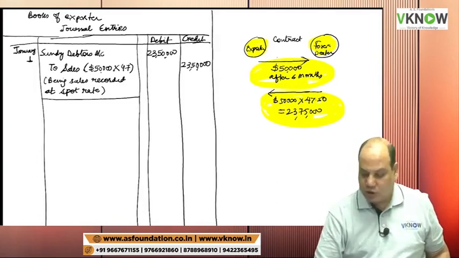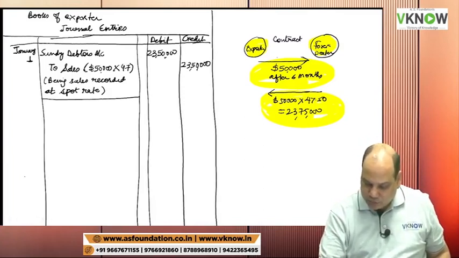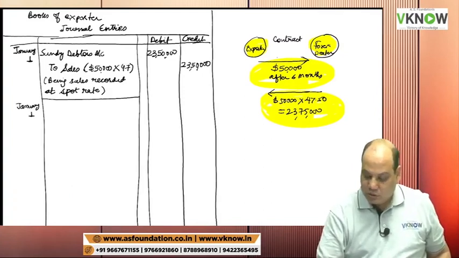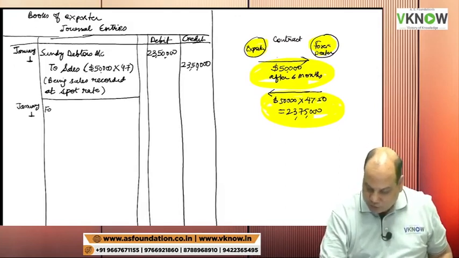So the exporter will create in the books of account on the same date, 1st January, a receivable and a payable. So he will pass an entry.